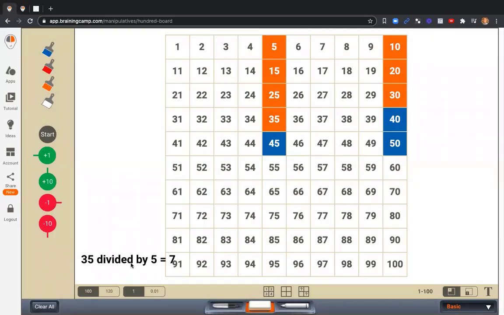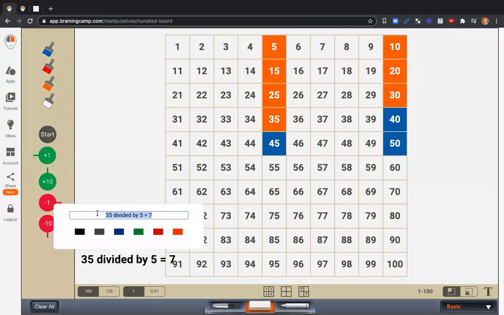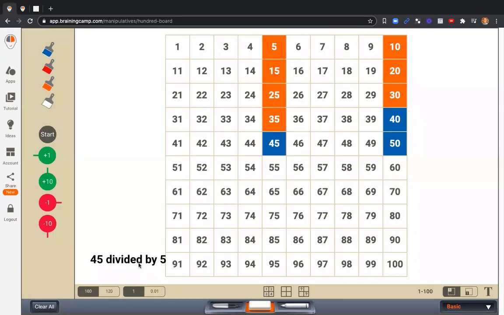Now, if I start with 45, how many groups of 5 can I make?